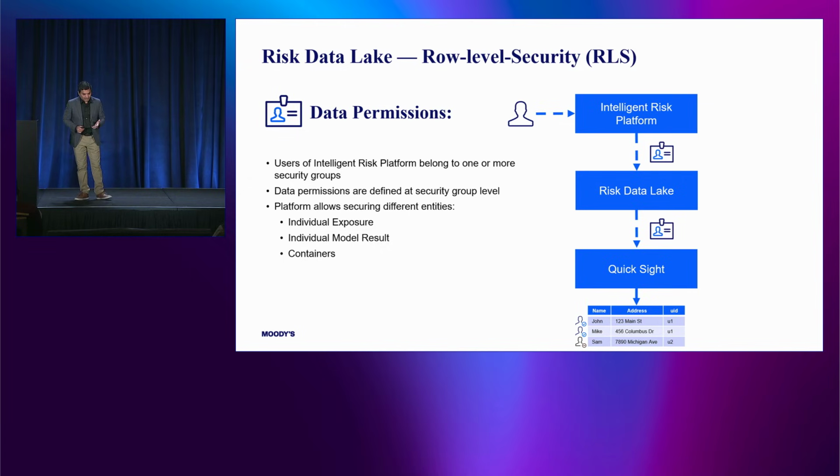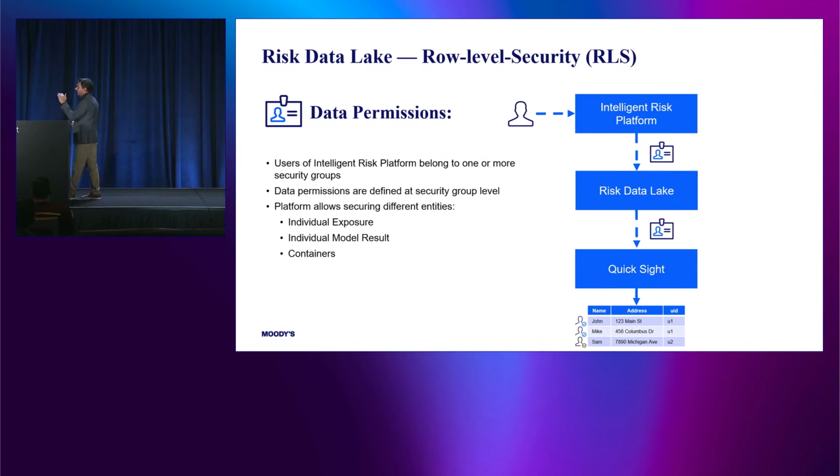The way we implemented this is through the integration between the platform and the Risk Data Lake application: we pass the identity of the user, whether it is a designer or a consumer, all the way down to QuickSight. And using QuickSight's row-level security feature in the data sets that we deployed in QuickSight, we are able to implement that security access layer such that users will only see the data that he or she has access to.